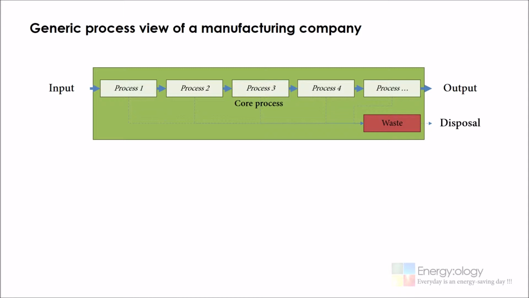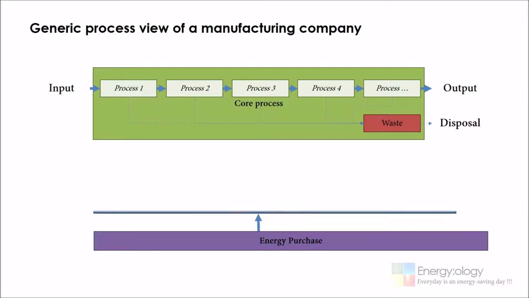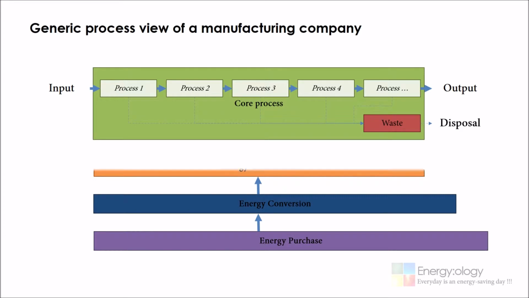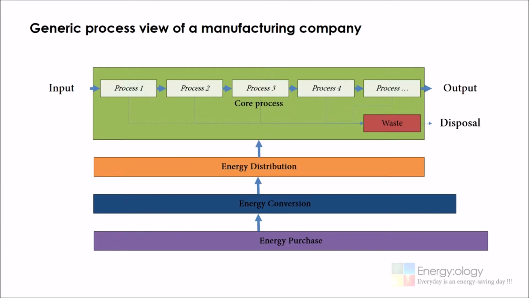In terms of energy consumption, the core process determines what it is required, and that requirement is first purchased, converted into usable form before it is distributed for end use. Every time there's a conversion and distribution process, some energy losses occur.